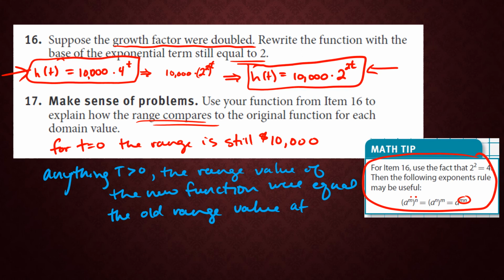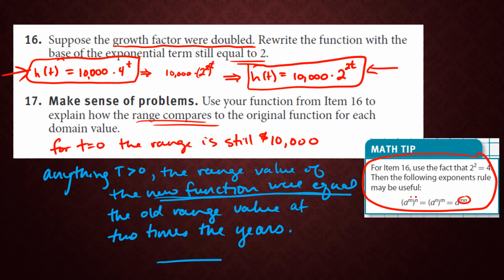And the new range value of 2 years is going to equal the old range value of 4 years. At 2 times the years. So the new function is going to, when you plug in a t value, the range is going to come out equaling what the range would have been at 2 times the t value on the old function. So we can talk about that if you have questions.